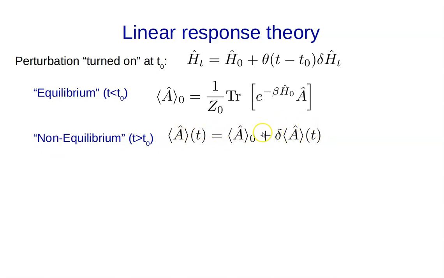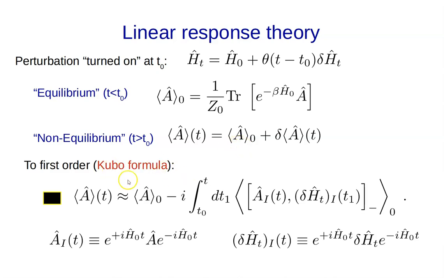And we want to calculate this correction up to linear terms in the perturbation. That's why we're calling this linear response, right? So as I said, this is not very large. So we don't do anything drastic to the system. We add a perturbation, and you want to see how the system responds given this small perturbation.